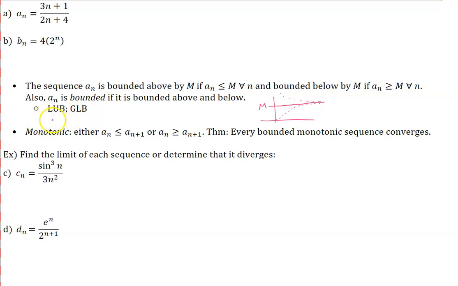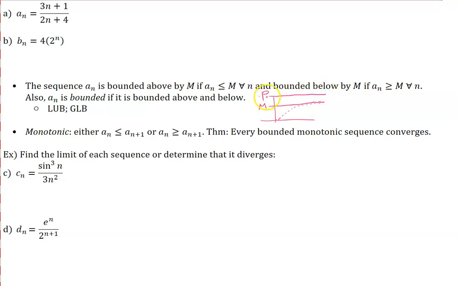And then a couple of terms that we're going to explore a little bit. LUB is just short for least upper bound, and then GLB is greatest lower bound, okay? So for example, looking at the first one I drew, not the second one, I know that m is greater than or equal to all of these values. Well, technically, if I put anything, so let's call this p, right here, this is also a height that would bound this function above, because these points never cross the height of whatever y equals p is.